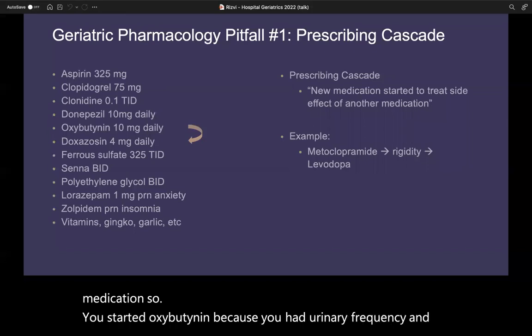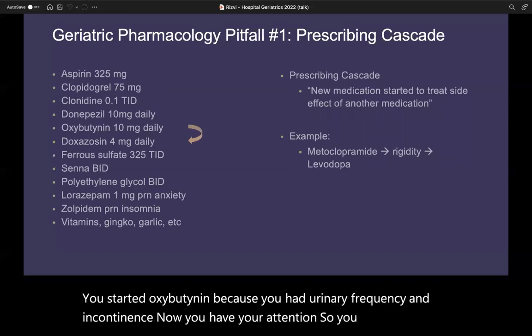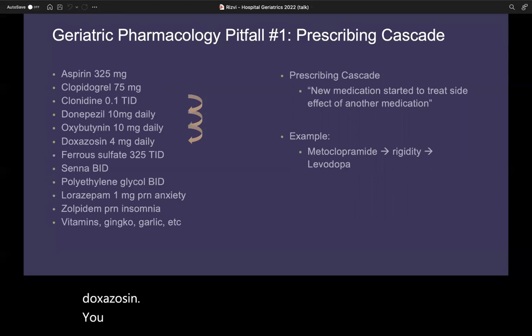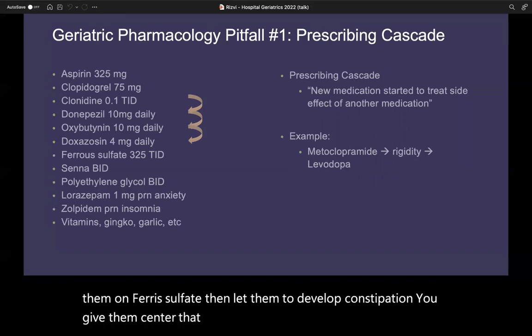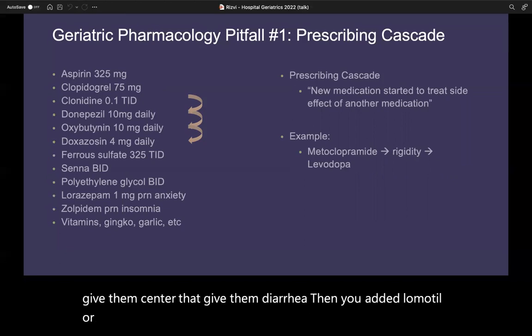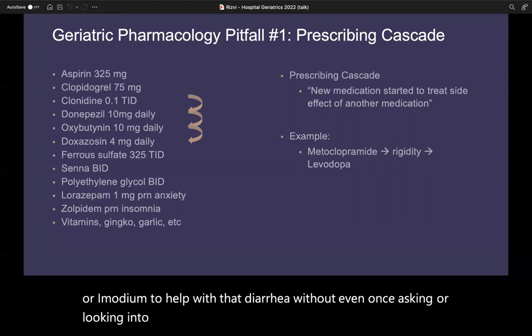Now you have urinary retention, so you start them on doxazosin, and multiple medications just keep getting piled on. You started them on ferrous sulfate, that led them to develop constipation. You gave them senna, that gave them diarrhea. Then you added Lomotil or Imodium to help with that diarrhea, without even once asking or looking into what medications they're on and if all of what you're seeing could be a medication side effect.